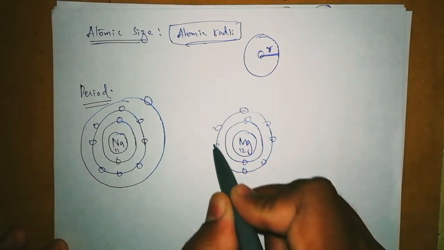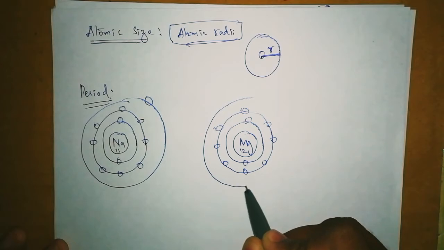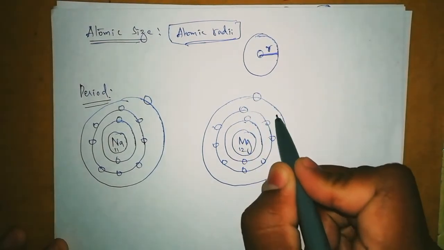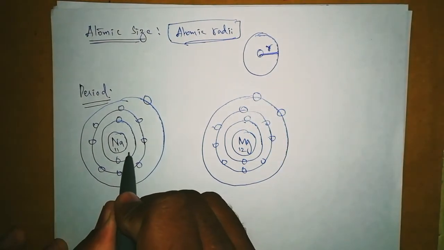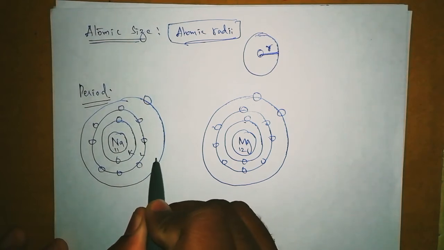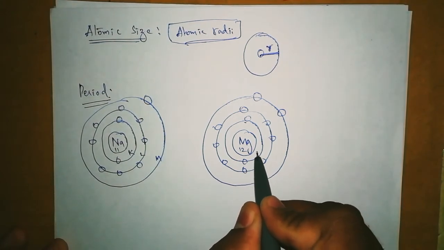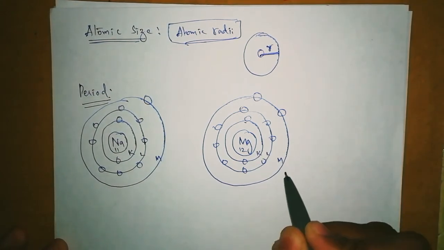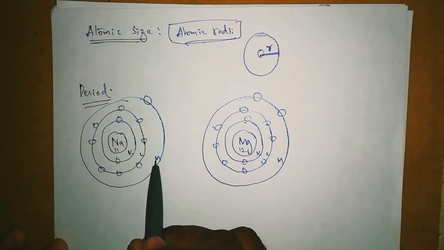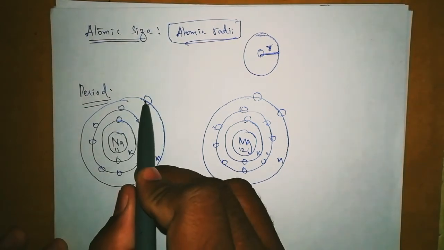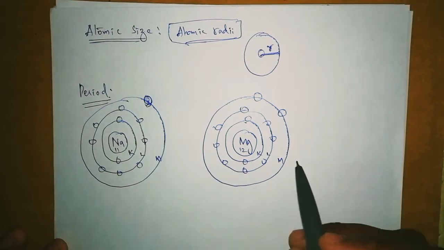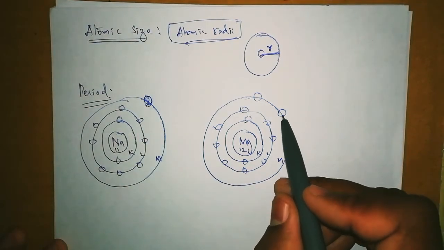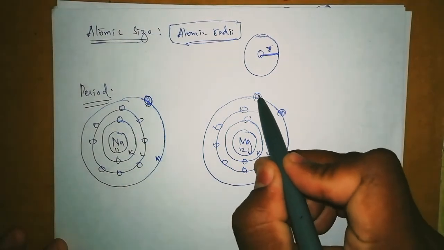First shell 2, second shell 8, and then the third shell 2 electrons. You see that first shell K, second shell L, and third shell M. See that in the M shell sodium consists of 1 electron, and the same M shell in magnesium consists of 2 electrons.